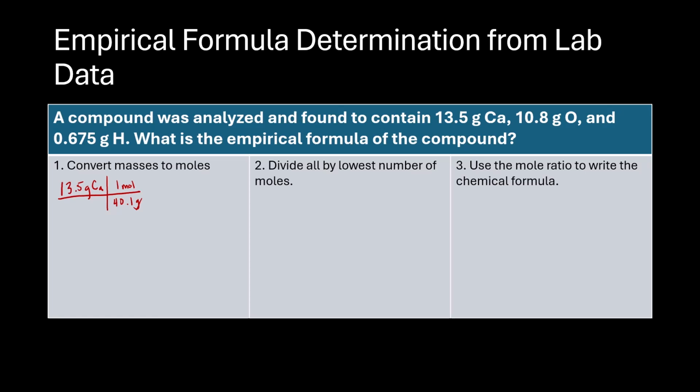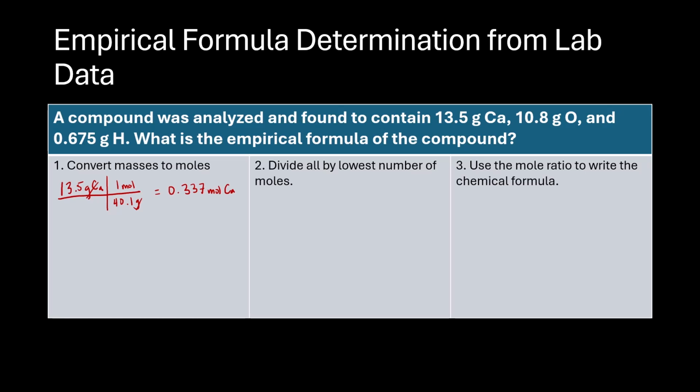Grams cancels out, and we're left with moles. Dividing that, the horizontal line is just a division sign, gives us 0.337 moles of calcium. I'm going to make sure I use calcium in my units so that I remember what I'm talking about.